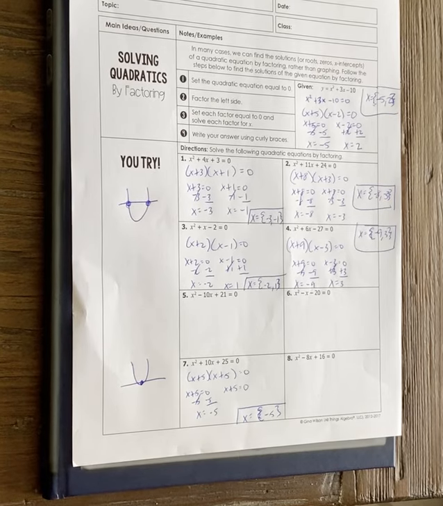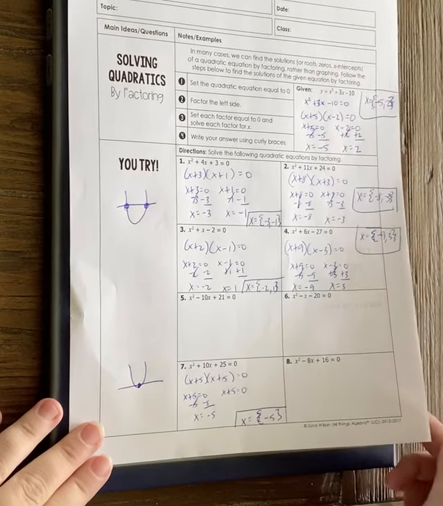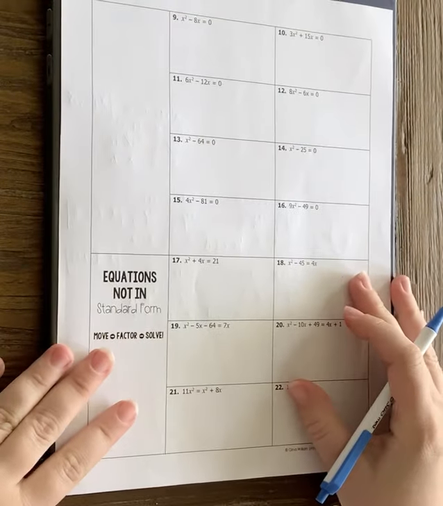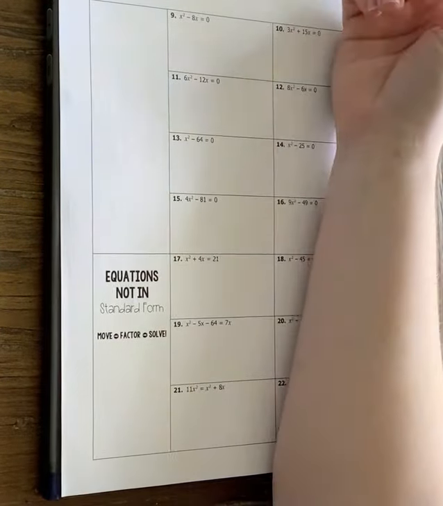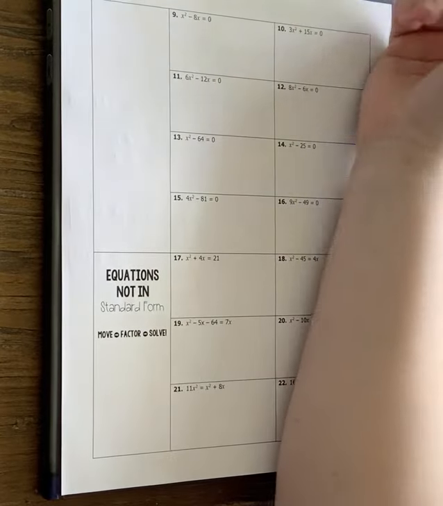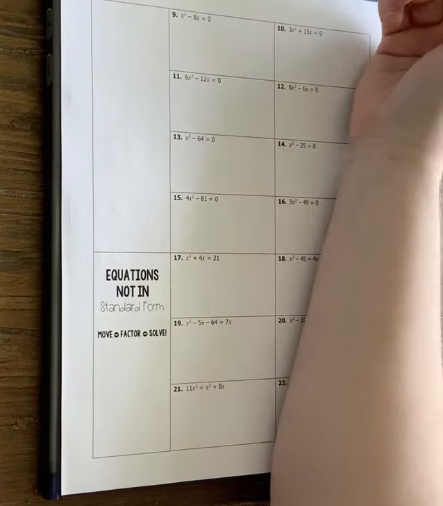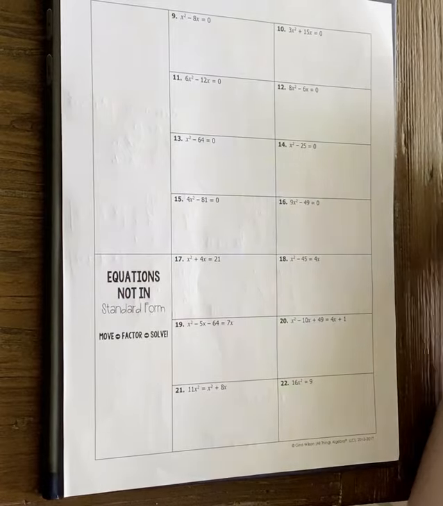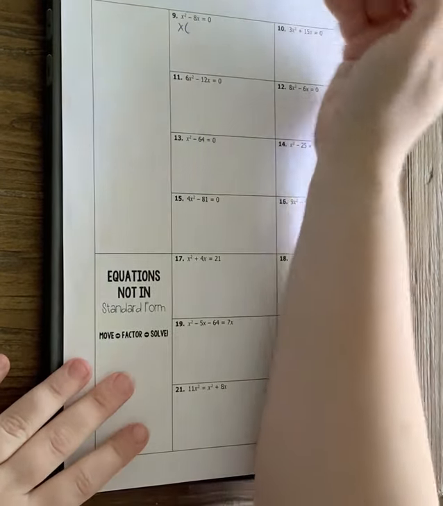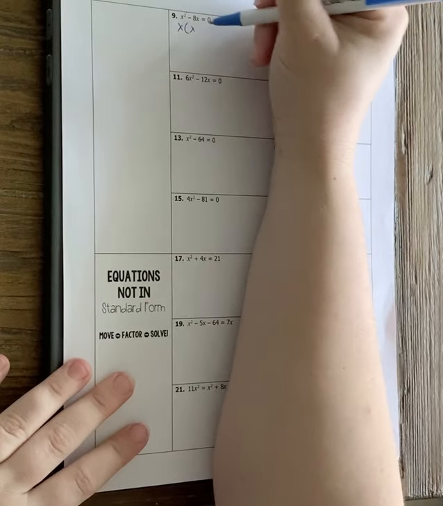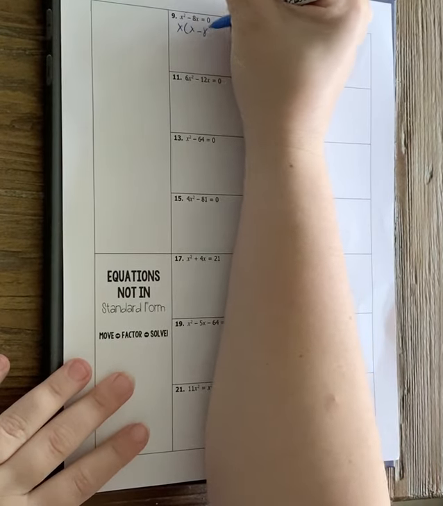Okay, let's flip over to the back side. On number 9, we have a binomial here. So what method we would want to use, we have an x in both terms, so we would want to take out the greatest common factor. So we have x, and then x squared divided by x is x. -8x divided by x is -8.